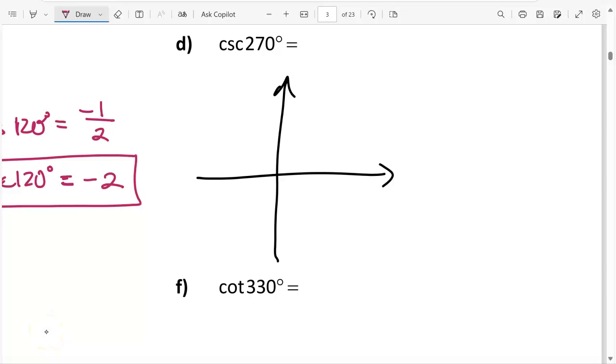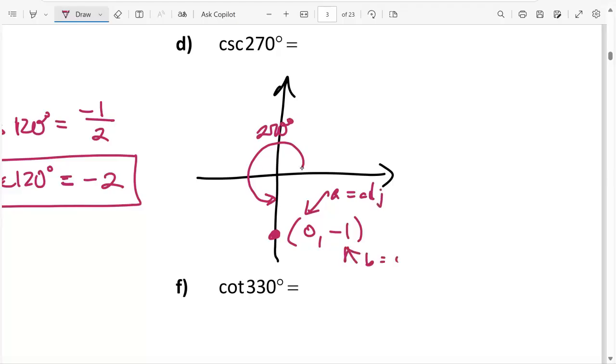To find the cosecant of 270 degrees, we need to rotate 270 degrees. That's a quadrantal angle, so we can attack that with the strategy of an endpoint of the terminal side. And the endpoint of the terminal side is 0, -1. Remember that A is our adjacent side, and B is the opposite side, and C is the hypotenuse, which will be 1.